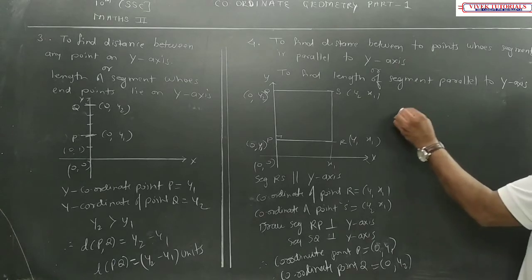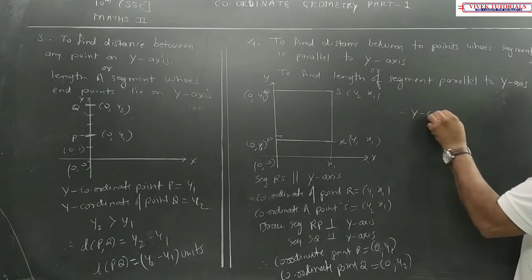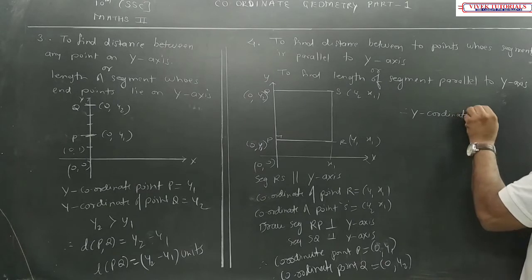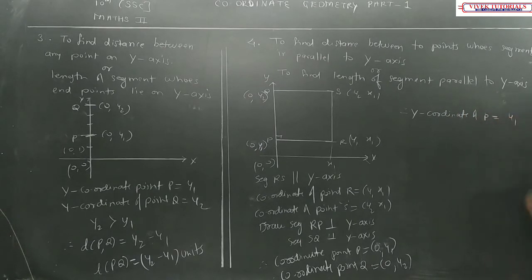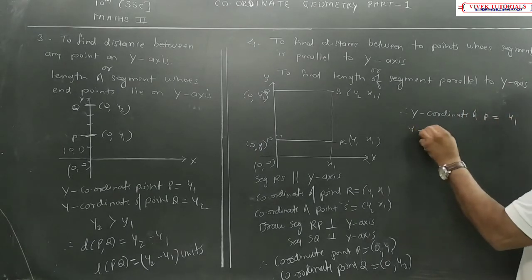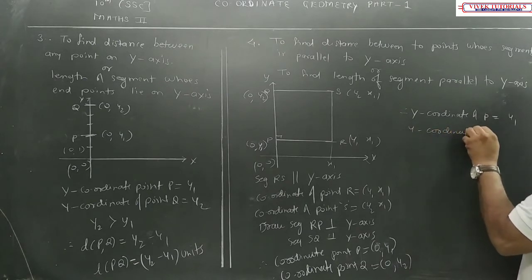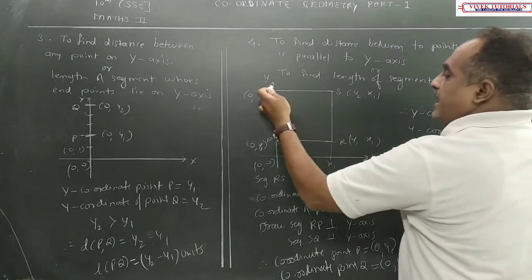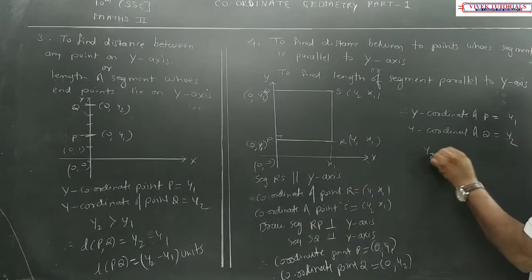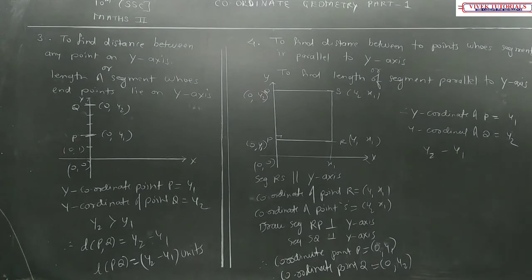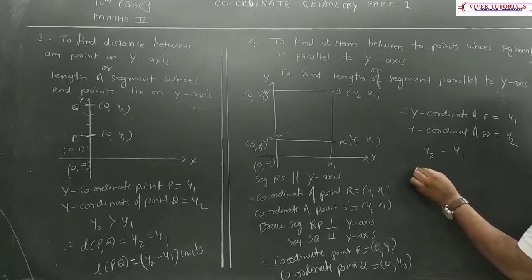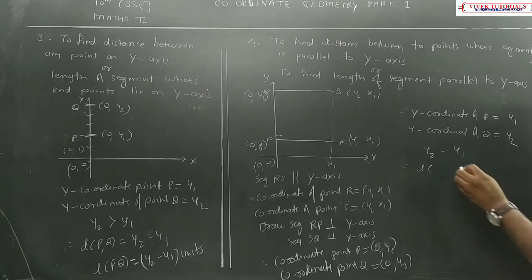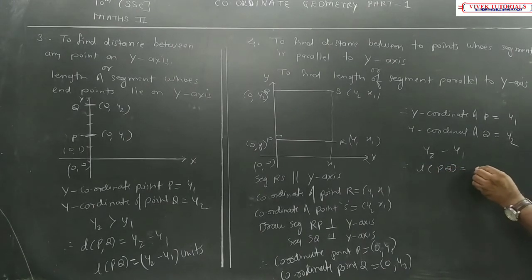So here we can write y coordinate of P is equal to y1 and y coordinate of Q is equal to y2, and I know that y2 is greater than y1. Therefore, distance PQ is equal to y2 minus y1.